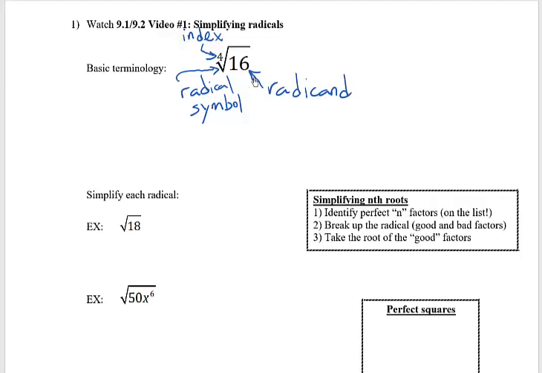So I'm looking for a number that I could multiply by itself 4 times, and the answer would be 16. Well, this one was made up purposely easy. That number would be 2. And you could go off on the side and verify for yourself that if you multiply 4 2's together, 2 times 2, 4, times 2, 8, times 2, 16. The fourth root of 16 is equal to 2.